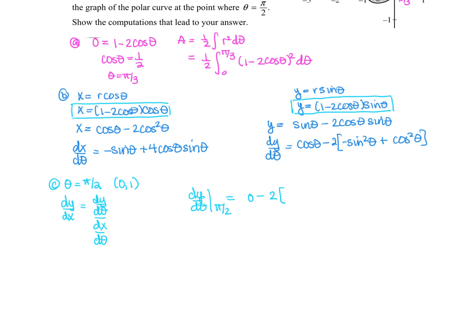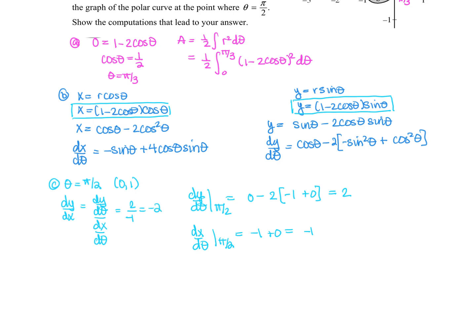Sine of theta is 1, so minus 1 plus 0. So dy d theta is equal to 2. We do the same thing with dx d theta at pi over 2. So that'd be negative 1 plus 0. So my slope is negative 1. So I know that this would be 2 over negative 1 or negative 2. That should be my slope.